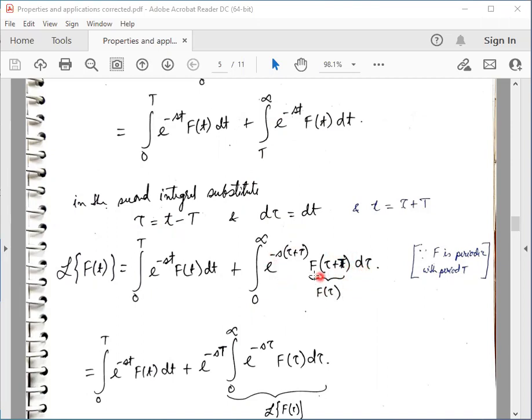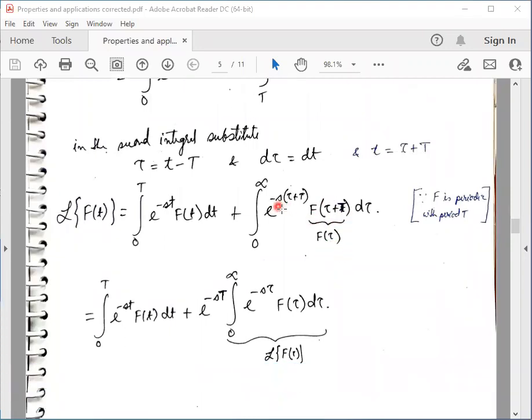Now we know that f is a periodic function with period capital T. So f of tau plus T is simply equal to f of tau, because by definition, f of t plus T is equal to f of t is how we define a periodic function with period T. So this becomes simply f of tau.